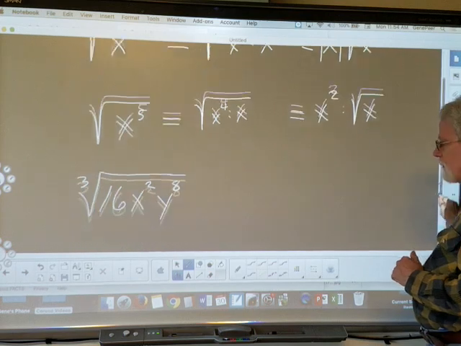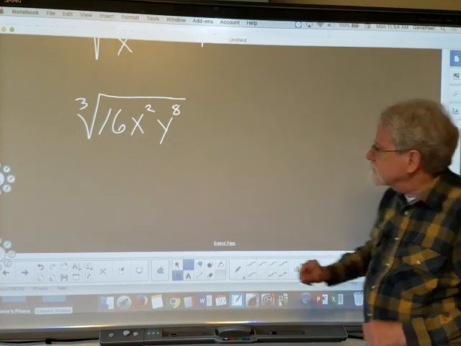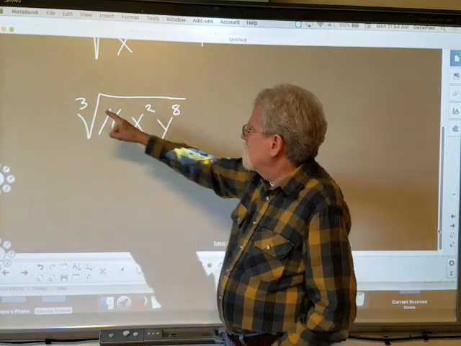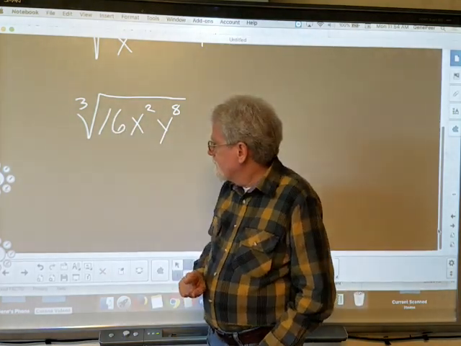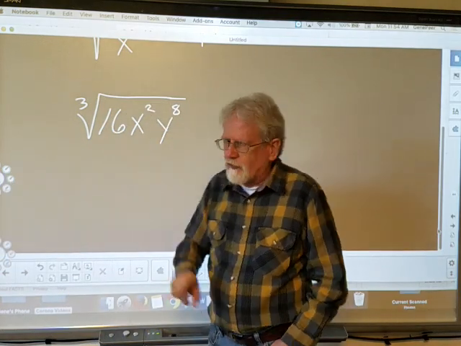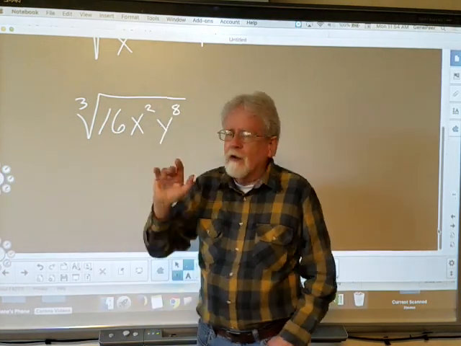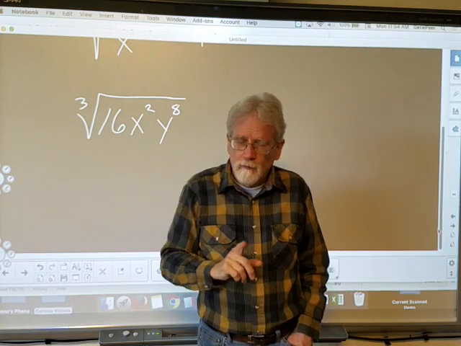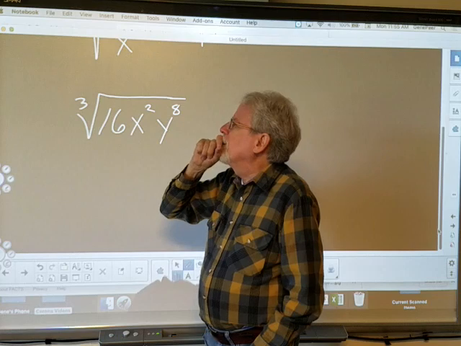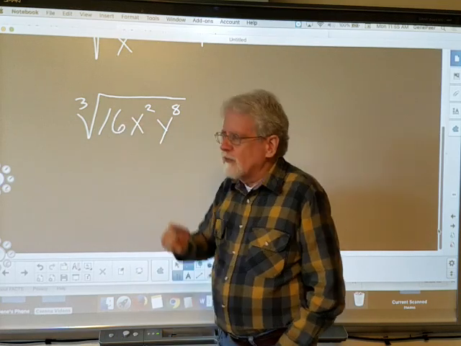And one more example, and then I'll cut you loose here. This guy, a couple concepts going on. This is a cube root, be careful. So I asked myself, first of all, are there any cubes that go evenly into 16? Oh, 4. No. 4 is not a cube, 4 is a square. So what's the cube root of 16? Doesn't 8 go into 16?